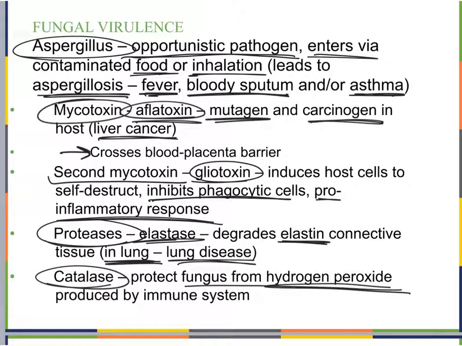We can utilize the hydrogen peroxide within the cell to get rid of the fungus or to try to kill the fungal cells. And then the fungus, like Aspergillus, can produce catalase in order to protect itself. So it can actually utilize that catalase to make sure that it doesn't get killed by our immune system.